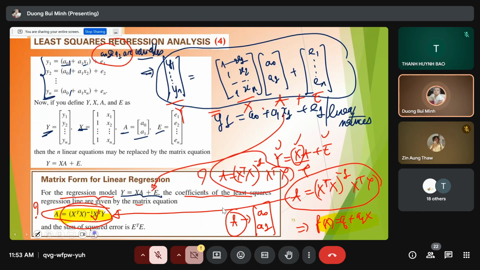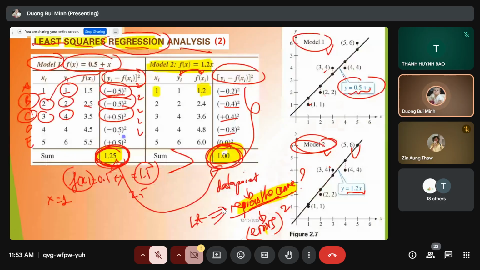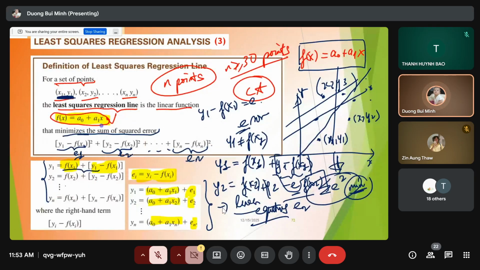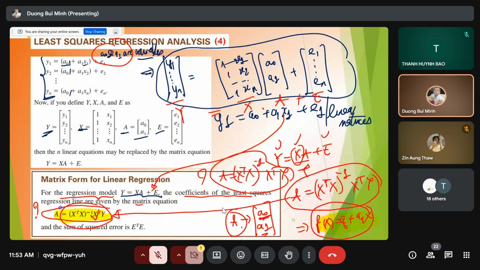Why do we have this? Because if we know this, we can get a, and that means we get a0 and a1. If we know a0 and a1, you can get the linear curve, because we define the linear curve as a0 plus a1x. But the question is, how can we know this? Later on I will tell you, or you can ask ChatGPT.